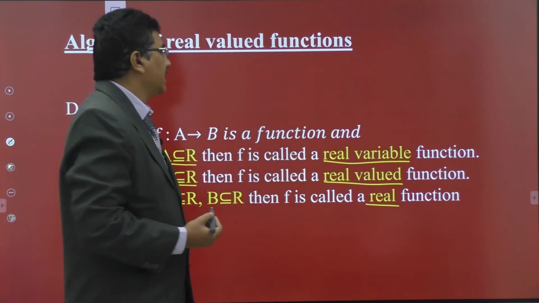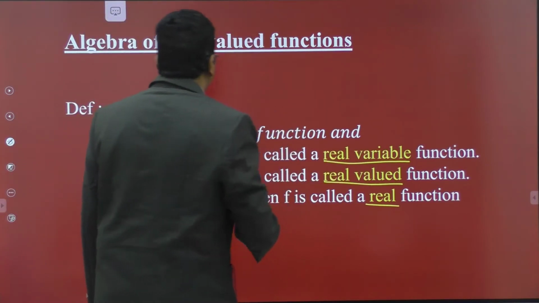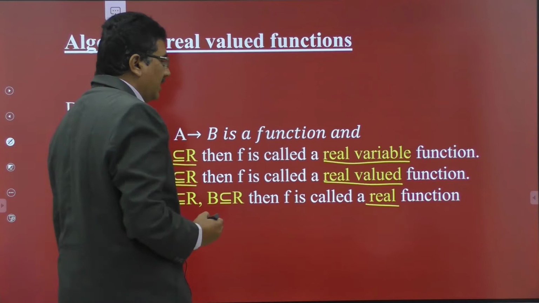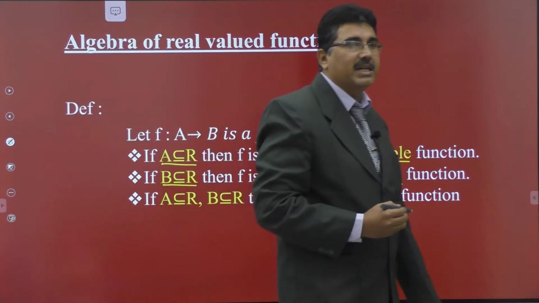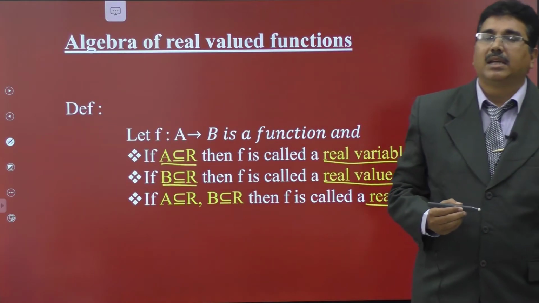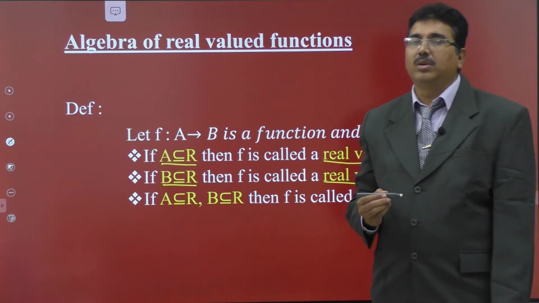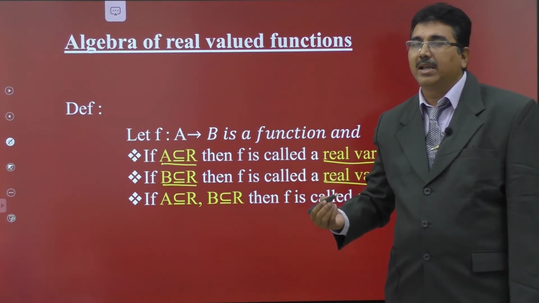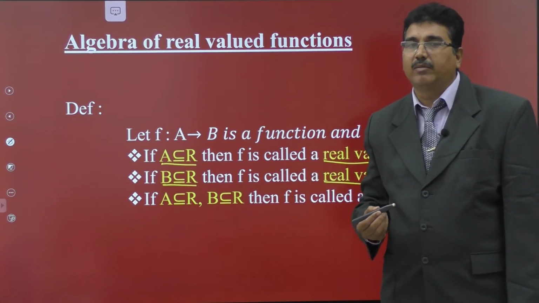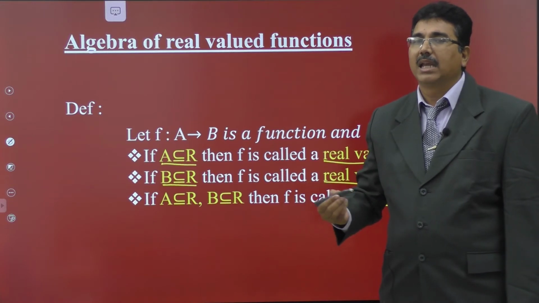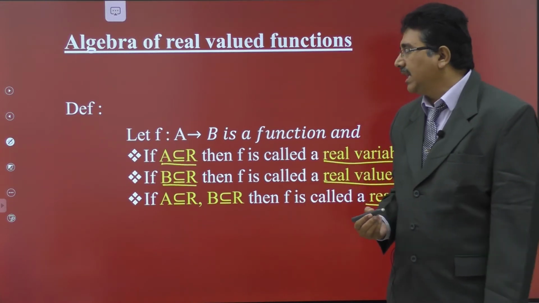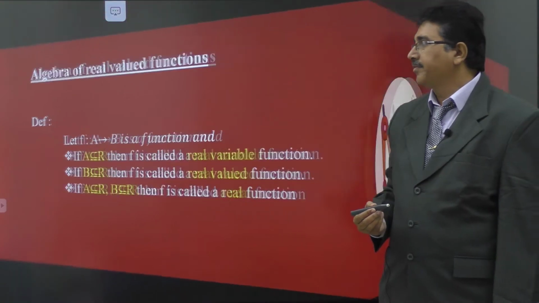So if the domain is a subset of R, it is real variable. If the codomain is a subset of R, it is real valued. If both the domain and the codomain are subsets of R, f is said to be a real function.